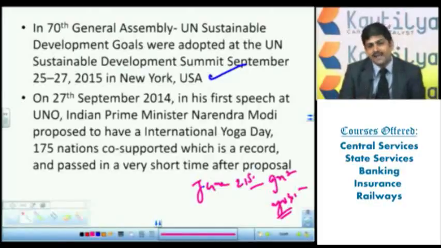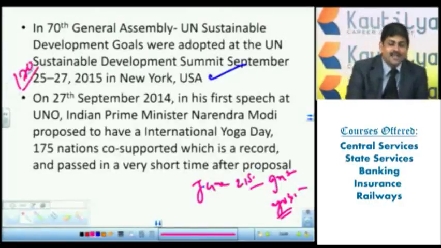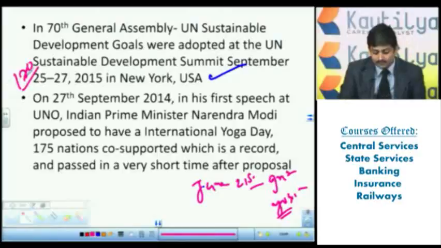It is a record time. Moreover, more than 170 countries agreed to this proposal, a huge majority, which was also a first. With these two records, the United Nations General Assembly declared June 21st as International Yoga Day. The first International Yoga Day was celebrated in 2015.